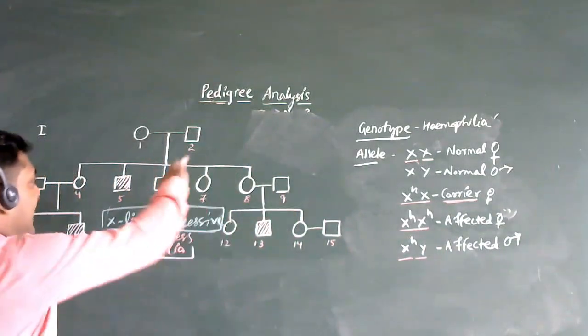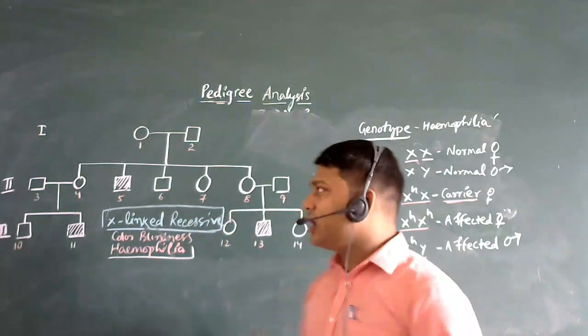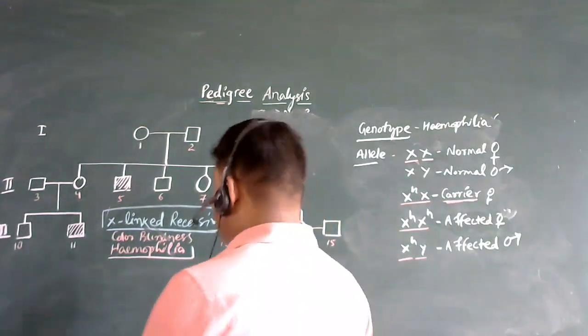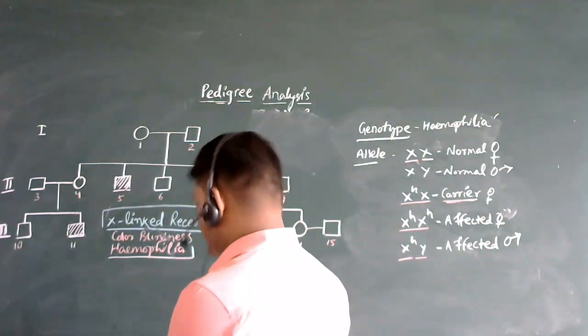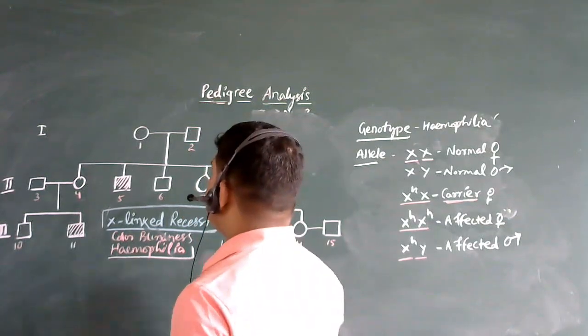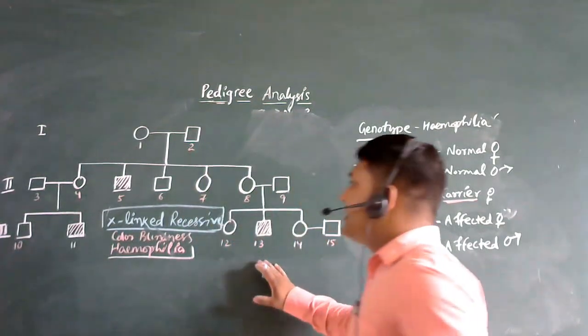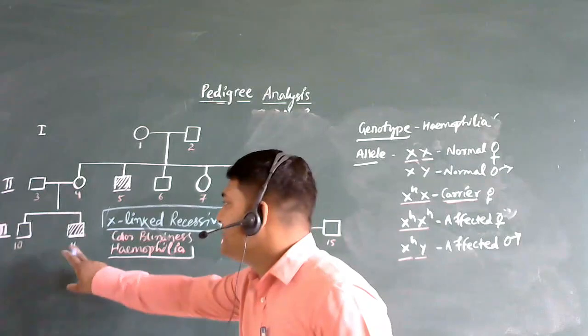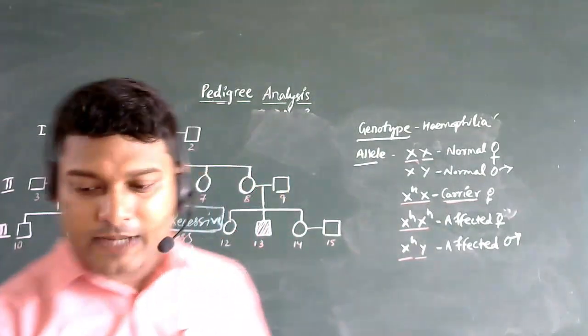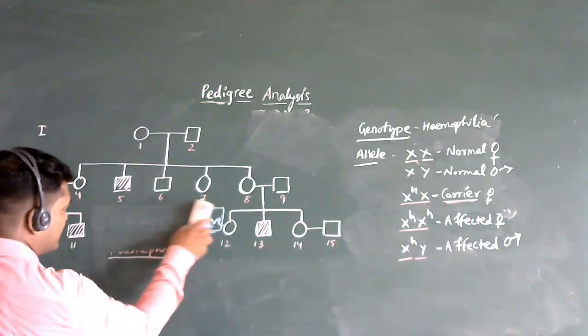Now, coming back to this particular pedigree, we have to solve this. We have to identify the genotype, so let us start. First, let me remove this part also, so things will be clear.